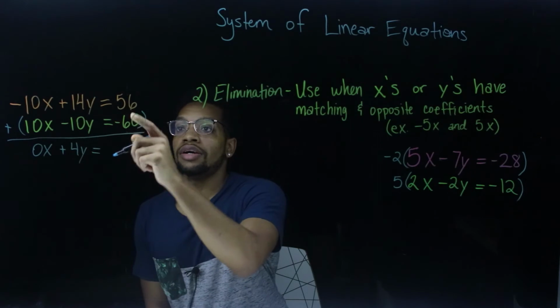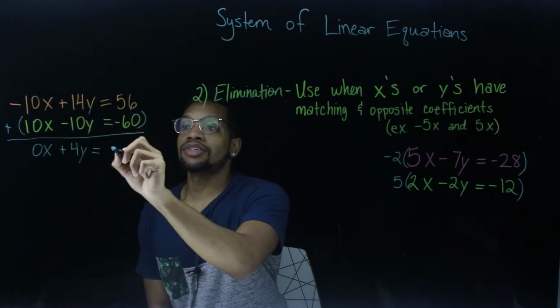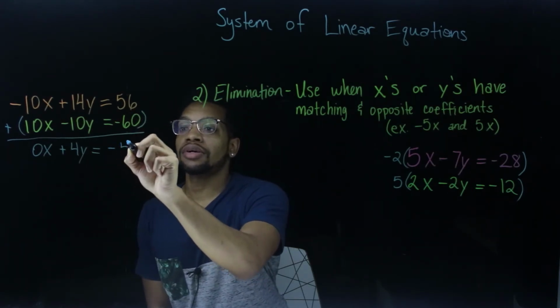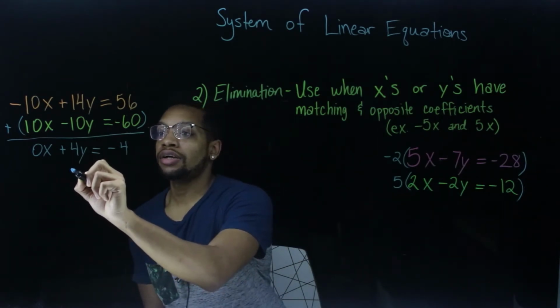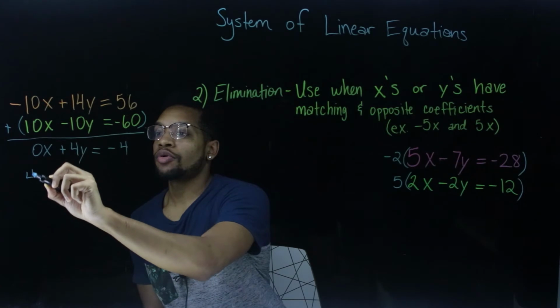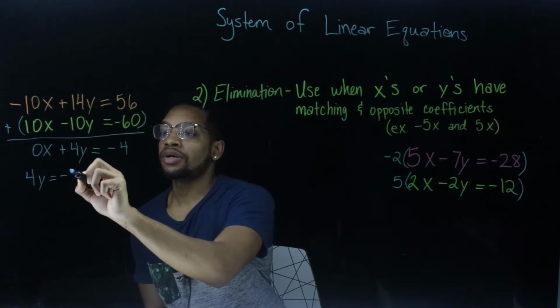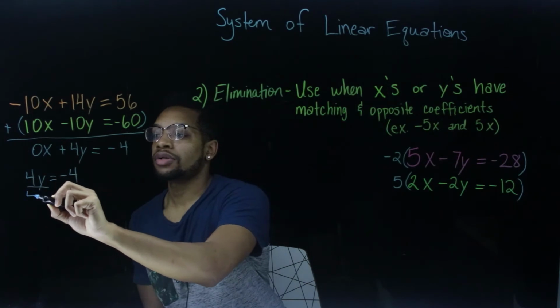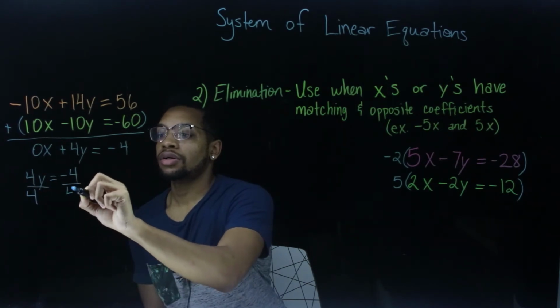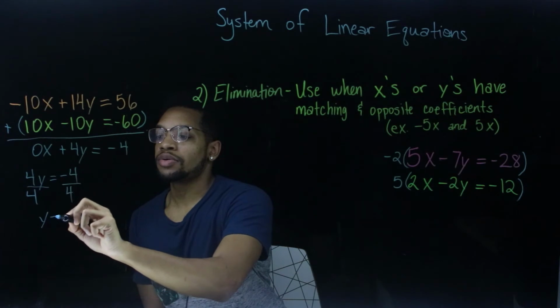And then 56 minus 60 gives me -4. So if I rewrite it, 4y equals -4, and then divide both sides by 4. So then I have y equals -1.